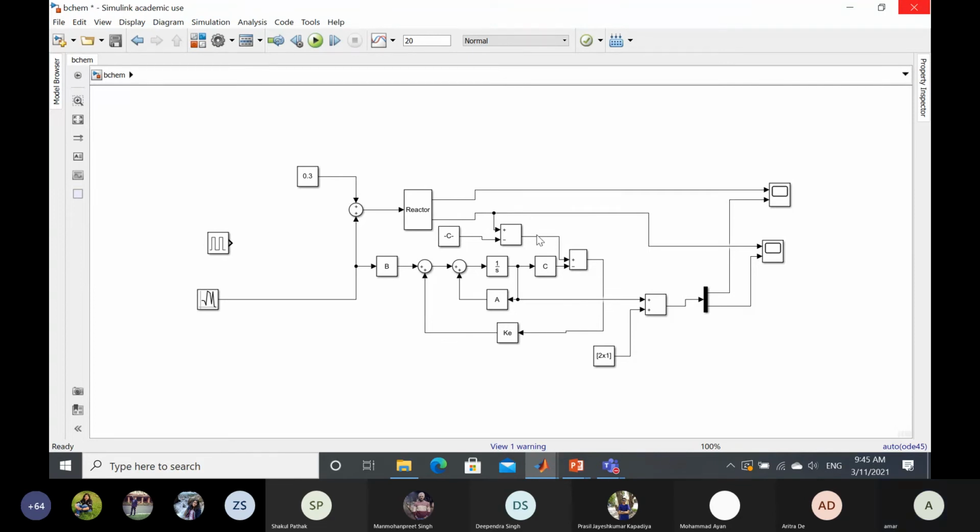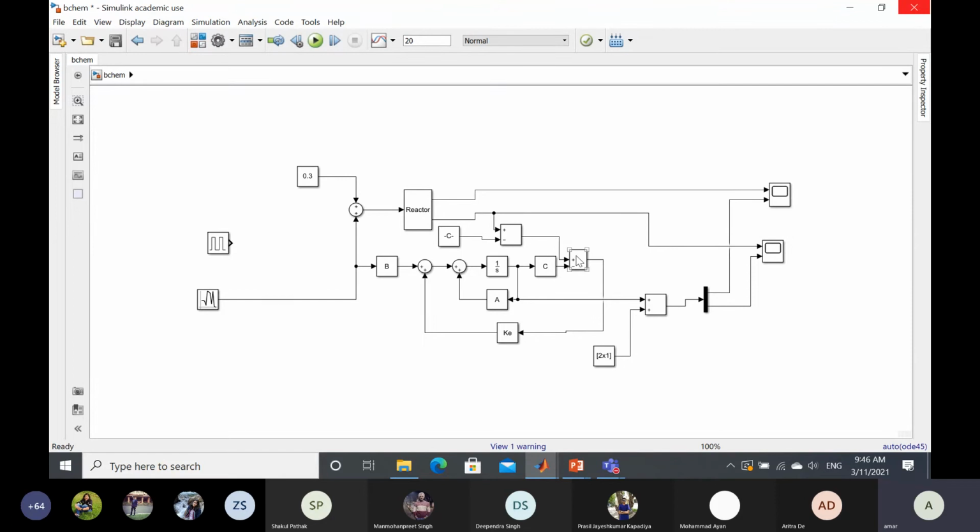So this is y, this is CB, and this is y. Or deviation, which is CBS minus CB, or x2, which is basically the deviation variable for the CB. So this is basically x2 or y, and this is y bar.